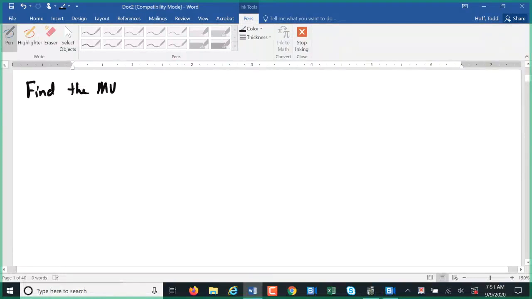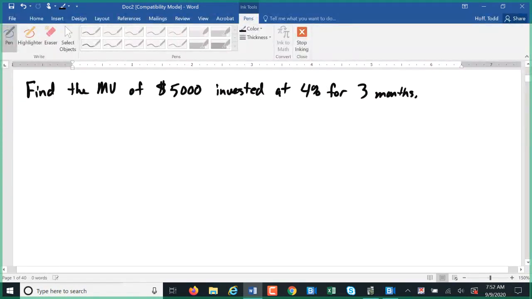So let's look at finding the maturity value of $5,000 invested at, let's go 4%, for three months. How is that going to work? Well, let's find our simple interest first.